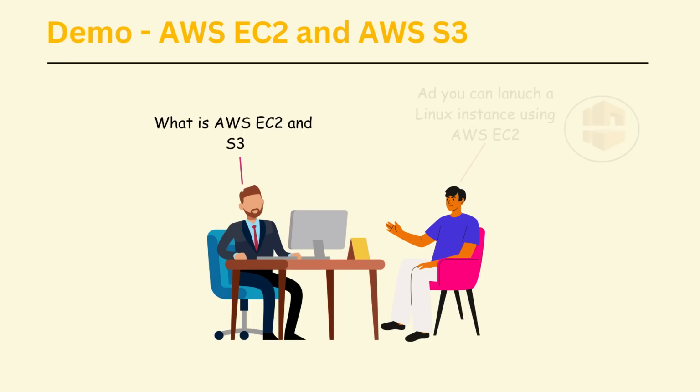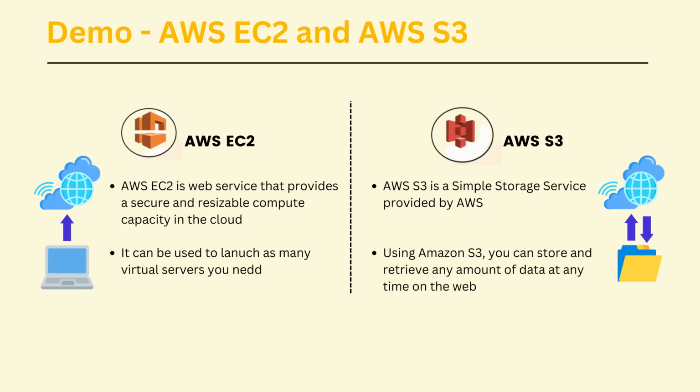Then the curious conversation builds up, and the first person wants to know what EC2 and S3 are. The second guy explains that AWS EC2 is a web service that provides secure and resizable compute capacity in the cloud. It can also be used to launch as many virtual servers as we need.